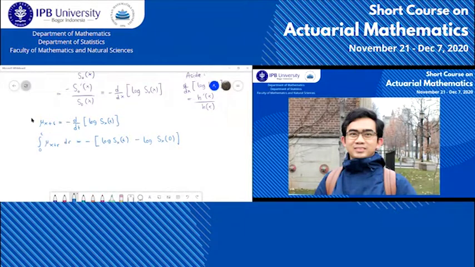So we know that S sub x of 0 is 1, and then the natural logarithm will be 0. So on the right hand side, we have minus the natural logarithm of S sub x of t.